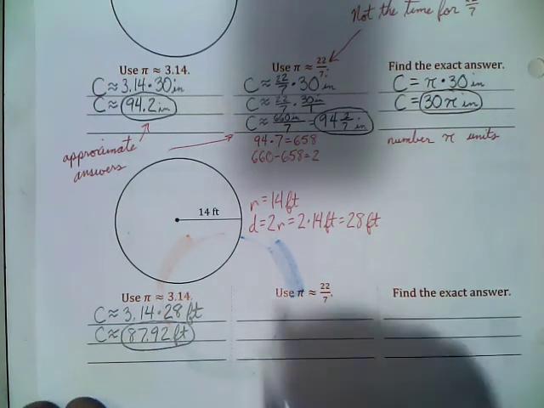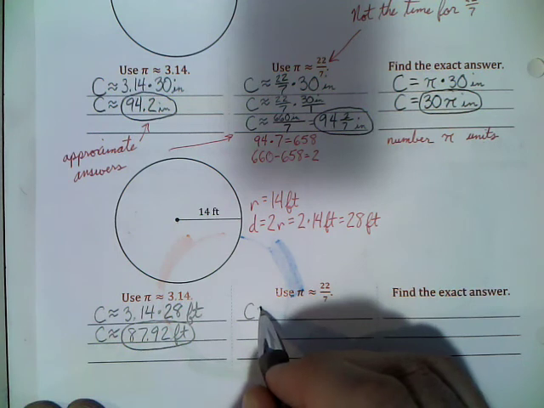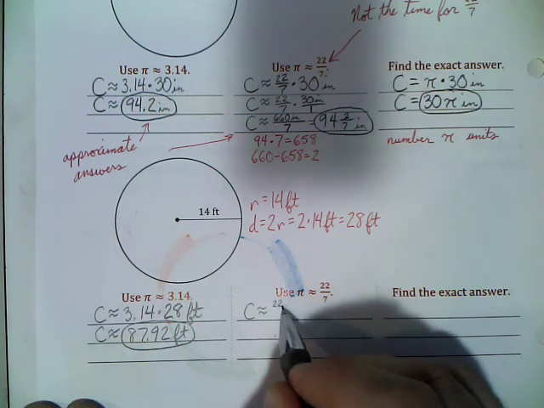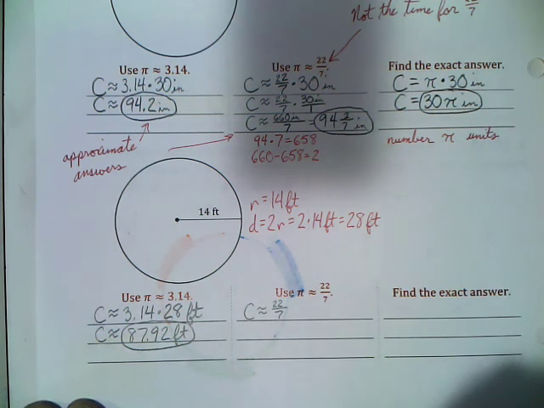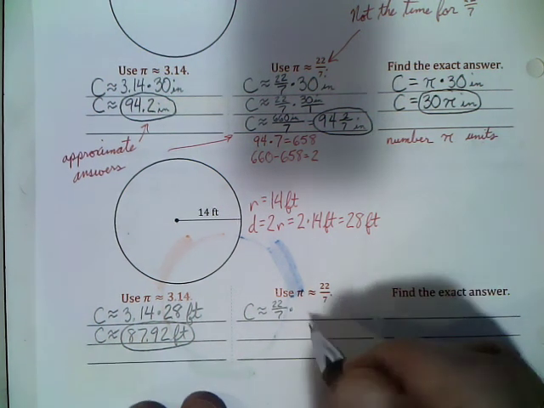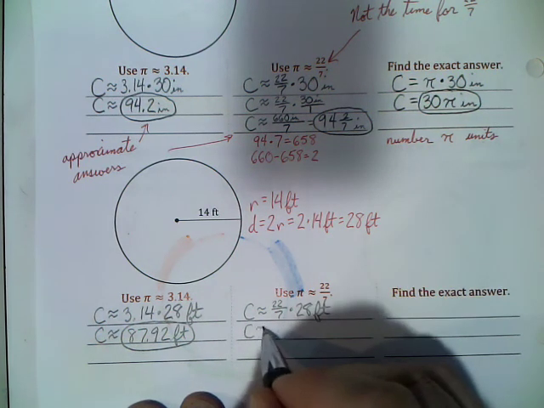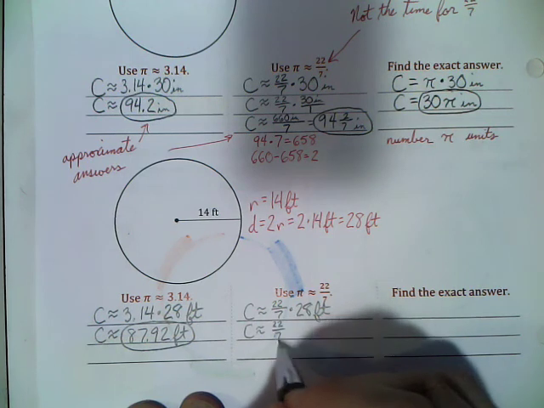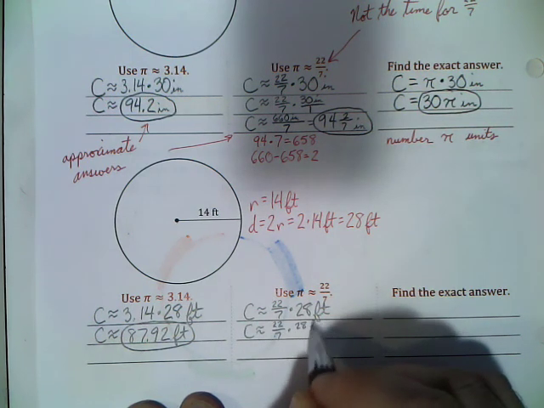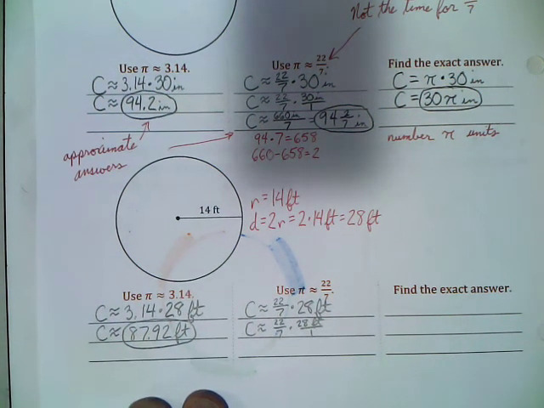Moving on here, use 22/7. So again, I'm going to say C, and since this is approximately equal to, this will be approximately equal to when I use the 22/7 times d. D in this case is 28 feet. Just as we did before, we're going to change our whole number into a fraction. So throw it over 1. And then it's helpful here to look and see, can I reduce this before multiplying?